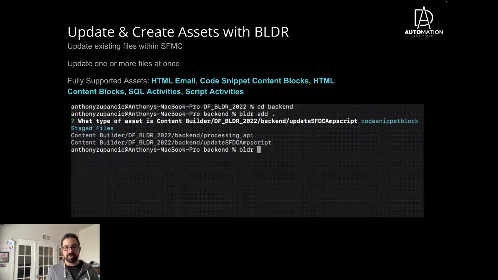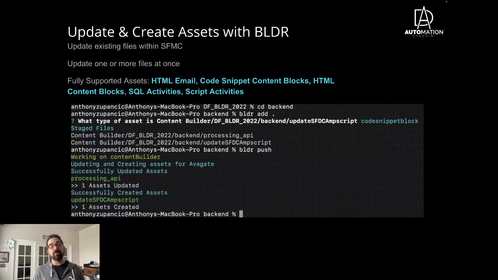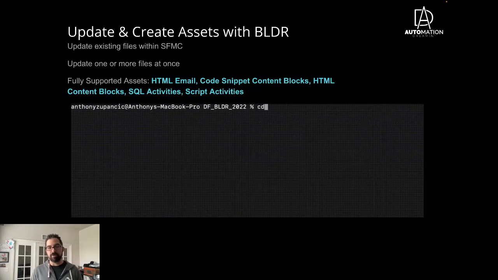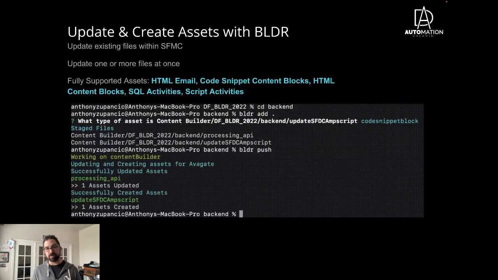Files that are partially supported will still come down and you can still update and edit them. The main difference is that those files will come down as JSON files, simply because there's no easy text representation for those types of files. Anything that is partially supported is anything that's not on that list.